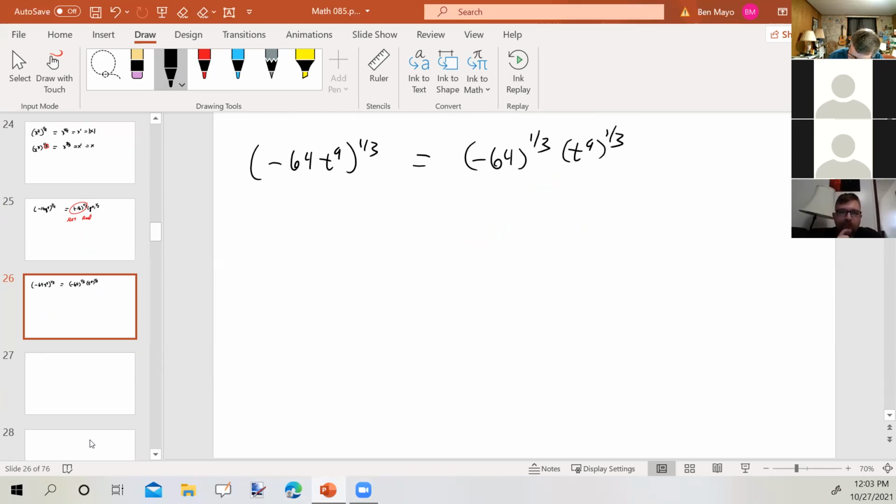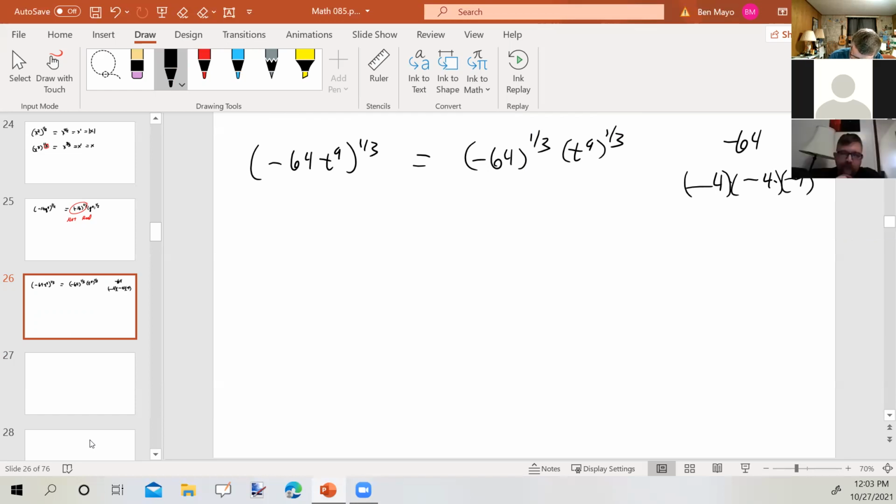So this is like the cube root of -64, which is -4. Let's see, I mean, -64 is -4 times -4 times -4. So the cube root of -64 would be -4. And then this is going to be t to the what, 9/3 or t cubed. Don't need absolute value bars there because we're taking odd roots.